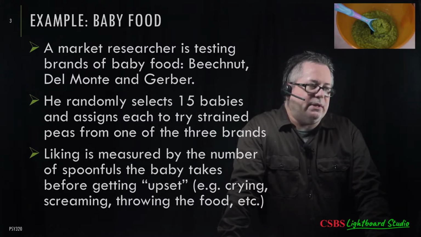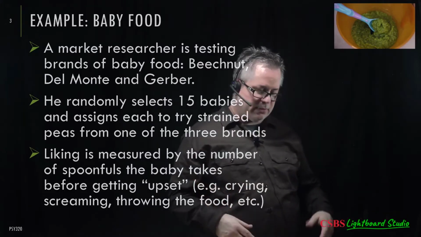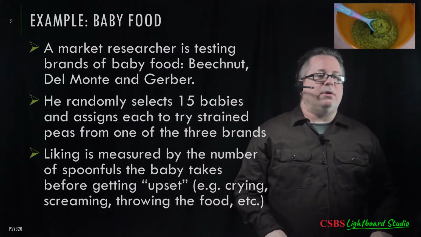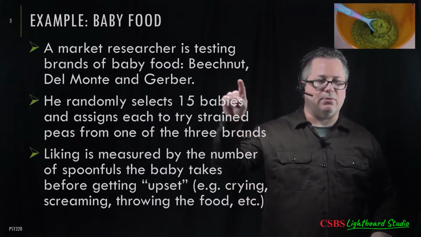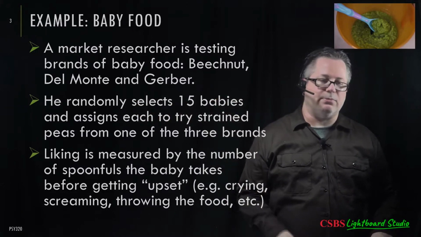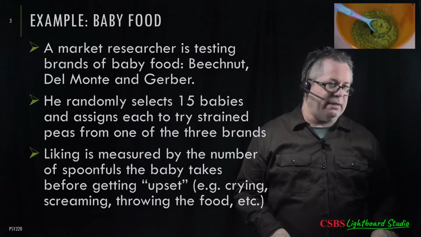So the idea is, if they eat more of it, they must like it, or at least they tolerate it. So 15 babies randomly assigned to 1 of 3 groups, the 3 groups being the 3 different brands, and then we start feeding them and see how much of each brand they eat.